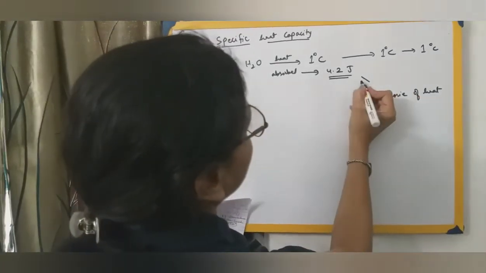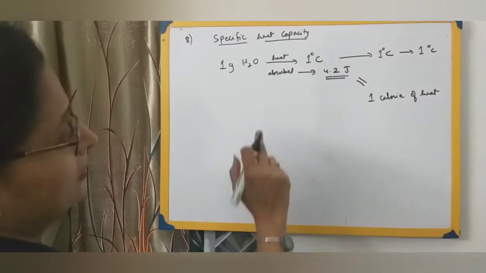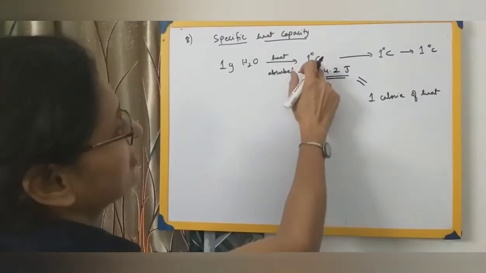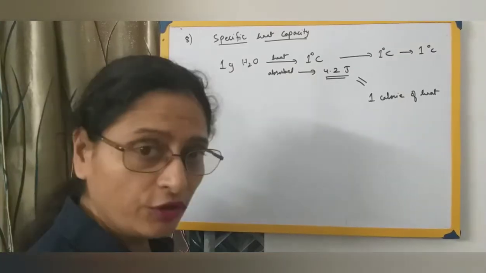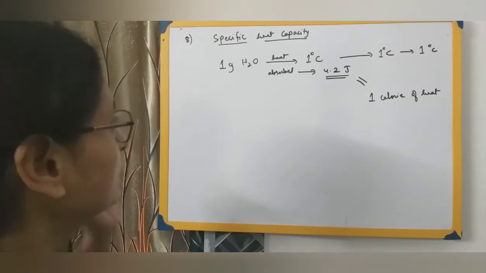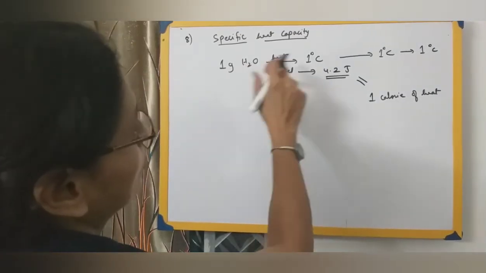So we can say that when the temperature of 1 gram of water has to rise by 1 degree Celsius, we have to provide 1 calorie of heat or 4.2 joules of heat.